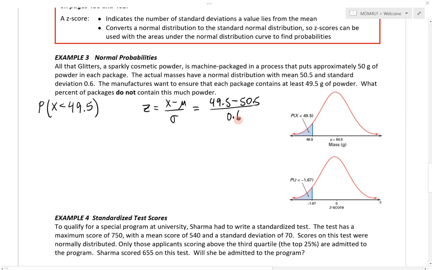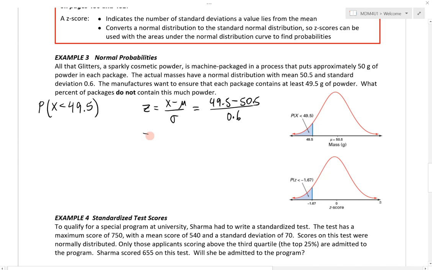Okay. So remember, a normal distribution only needs to be described by its mean value and standard deviation. And once you have that, you can take any value on your normal distribution and convert it to a value on a standard normal distribution. So that's our z-score. On our standard normal distribution, 49.5 becomes negative 1.67.